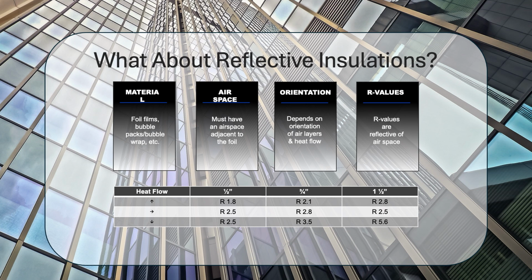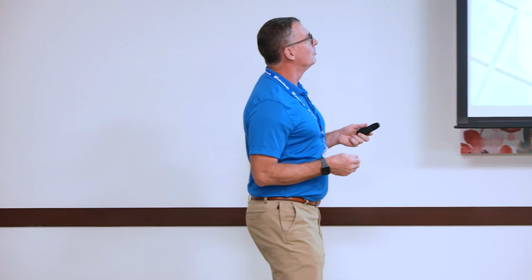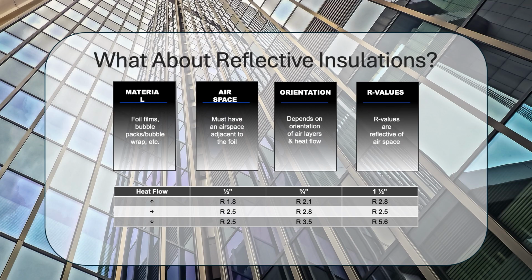But just to give you a feel, one thing I do want to spend a couple of slides on is what about just reflective? We've all seen ads and data sheets and marketing pieces or heard some sales guy try to tell us something that seems too good to be true. Reflective insulations, really using this shiny foil layer to deal with radiation.